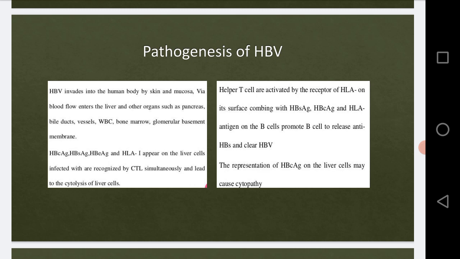Therefore the B cell will release the anti-HBs, that is the anti-hepatitis B antibodies, and clear the HBV, the hepatitis B virus. And the representation of the core antigen on the liver cell may cause the cytopathy, the infection.